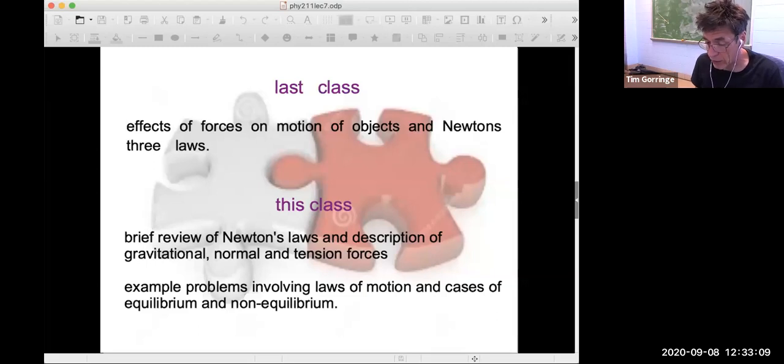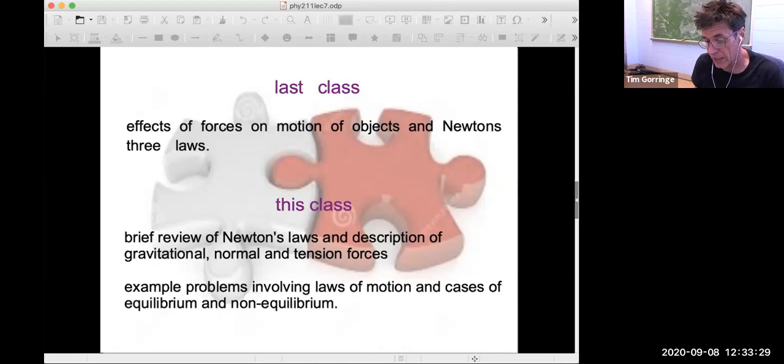And then we'll get on to the bulk of the class, the real content of the class, which is to work through some examples of applying the laws of motion to different situations. There are going to be two classes of situations that we're going to look at.